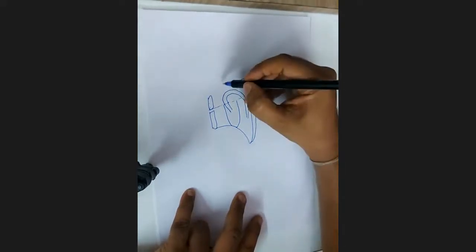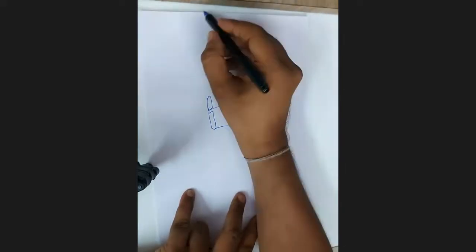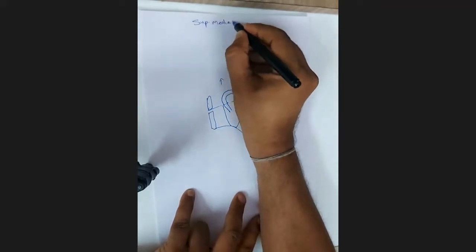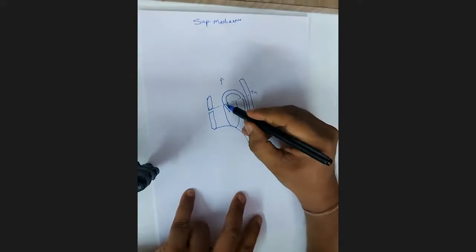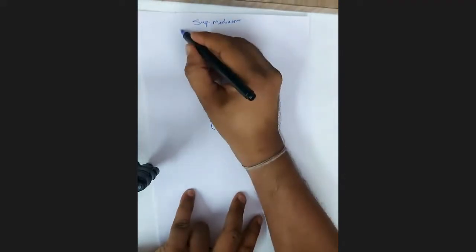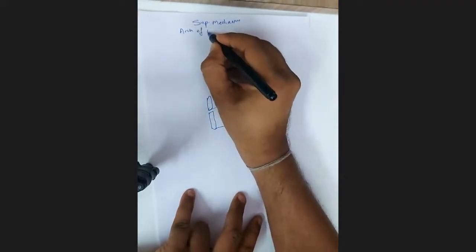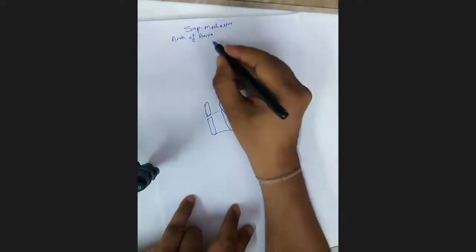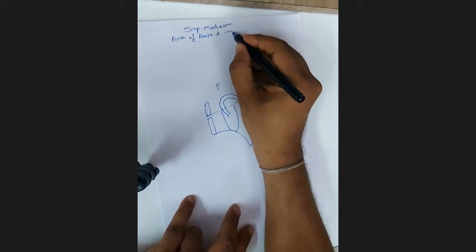So let's start writing the contents of the superior mediastinum over here. The arch of aorta and its branches.